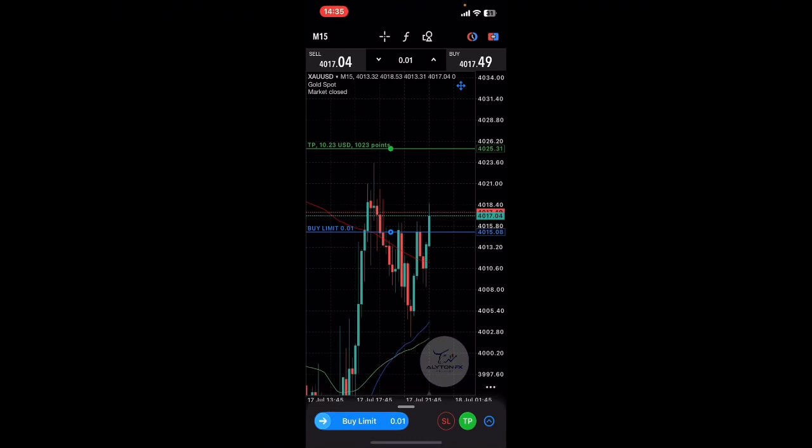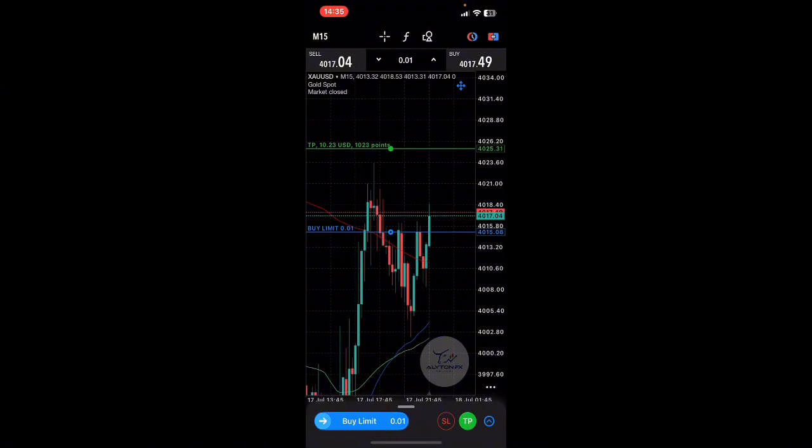This is 100 pips because each increase from 4015 to 4016 gives us 1 USD, so from 4015 to 4025 gives us 10 USD.